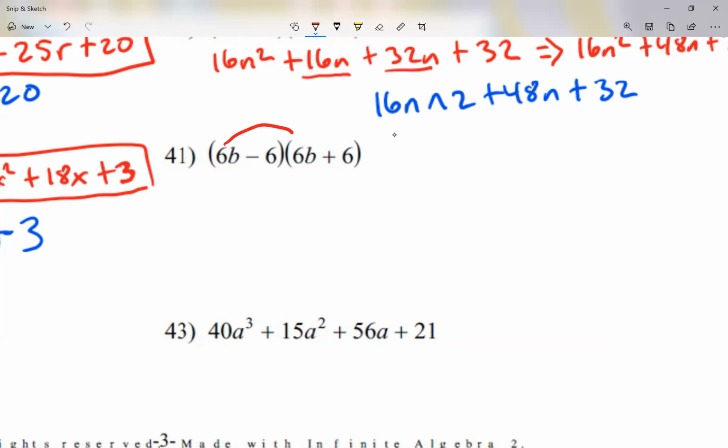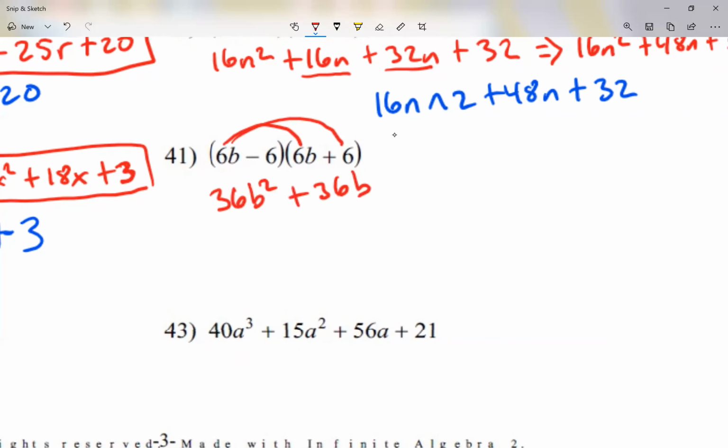Let me distribute the 6b to everything in my second parentheses. That's going to give me 36b squared plus 36b. Now let me distribute the negative 6 to the second parentheses. That's going to give me negative 36b minus 36.